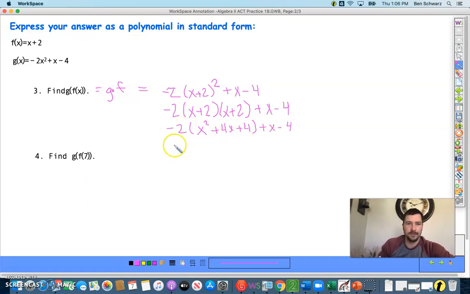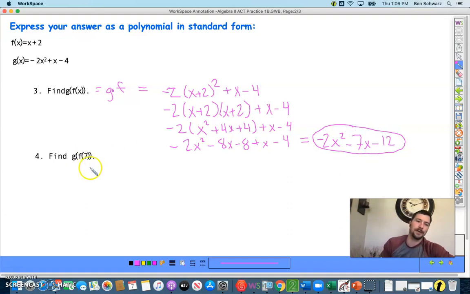Then we can distribute our 2, so negative 2x squared minus 8x minus 8 plus x minus 4, and so finally, when we combine our like terms, we have a negative 2x squared. For x's, we got negative 8x plus x for negative 7x, and then we have a negative 8 and a negative 4 for minus 12.